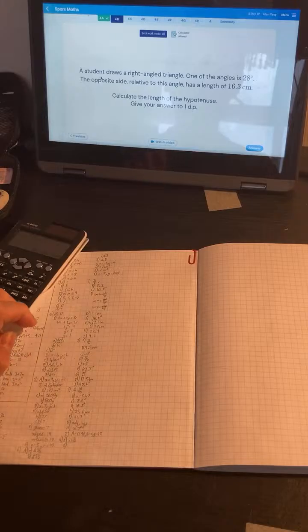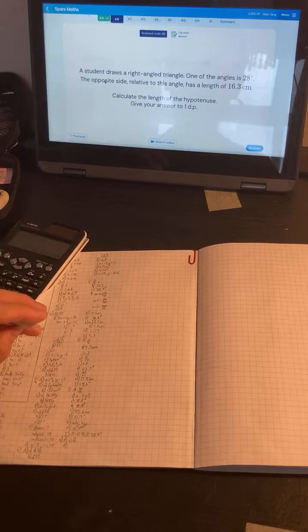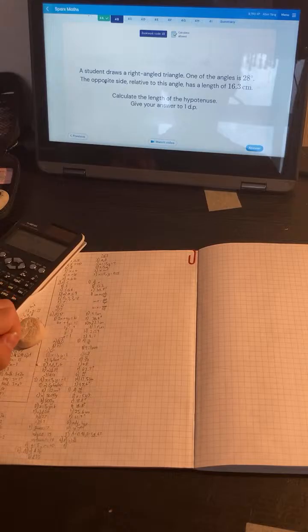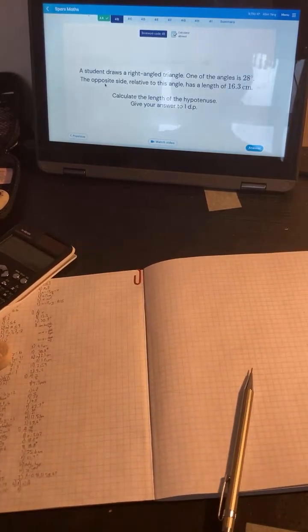A student draws a right angled triangle. One of the angles is 28 degrees. The opposite side relative to the angle has a length of 16.3 centimeters. Okay, right.